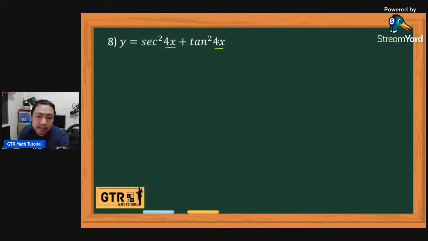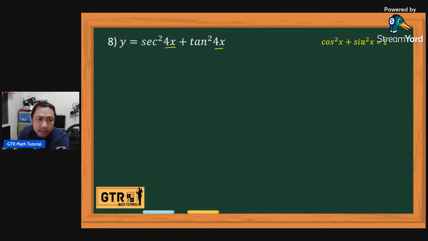So remember the Pythagorean identity from the unit circle: cosine squared x plus sine squared x is equal to 1. If we forget the identity for secant squared or tangent squared, we can derive it from this identity. If we divide all terms by cosine squared x, this will become 1.